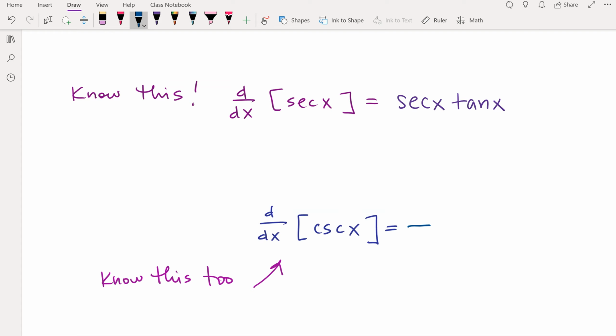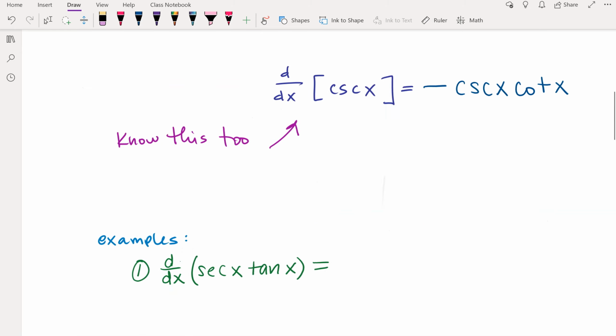The derivative of cosecant is negative cosecant x cotangent x. So you can see the similarities here: secant, cosecant, tangent, cotangent. Hopefully that helps you memorize those. Derivative of secant is secant tangent. Derivative of cosecant is negative cosecant cotangent.